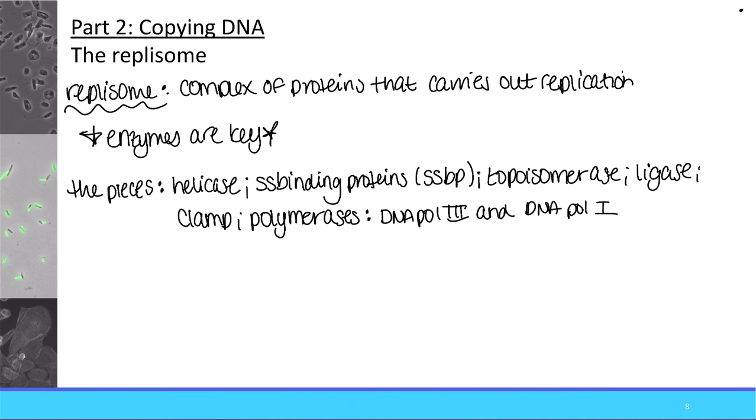So what we're going to do is we're going to do two things. We're going to draw a picture of the entire replisome, and after we draw a picture of the entire replisome, then we're going to start on a strand of DNA, and we're actually going to go through step by step what happens. Okay, so let's go ahead and start with a brand new blank page.